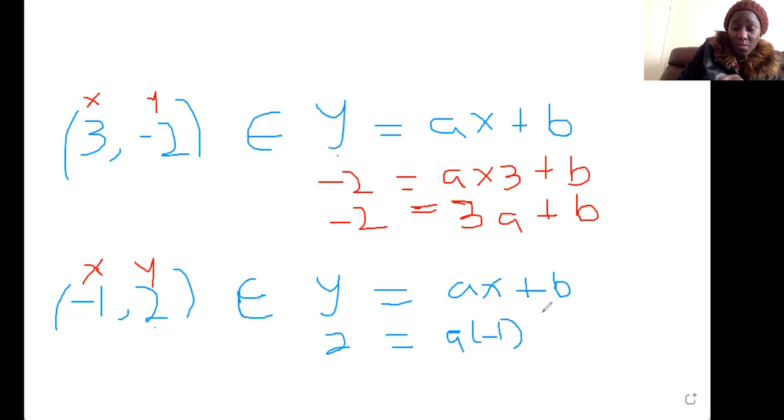So it means 1 times minus 1, which is going to be a negative at the end of the day. So it becomes 2 equals minus a plus b. So that's it.